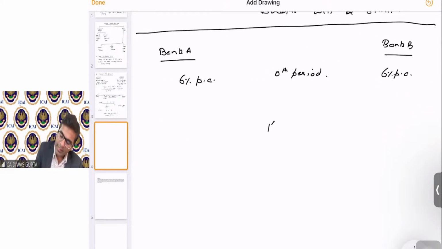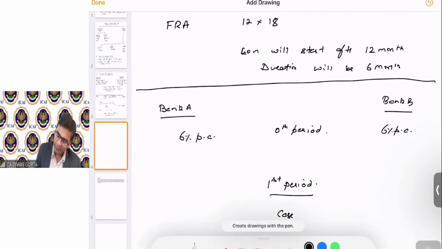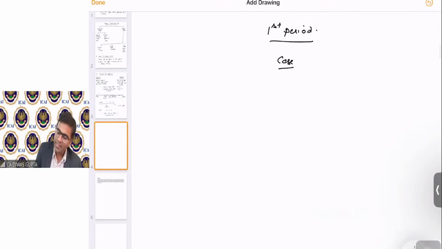Now, let's take an example. What actually happens on first period, on the first month, right? On the first month period, what happens? Let's put different cases. So the first case I am taking as, let's say 8%.